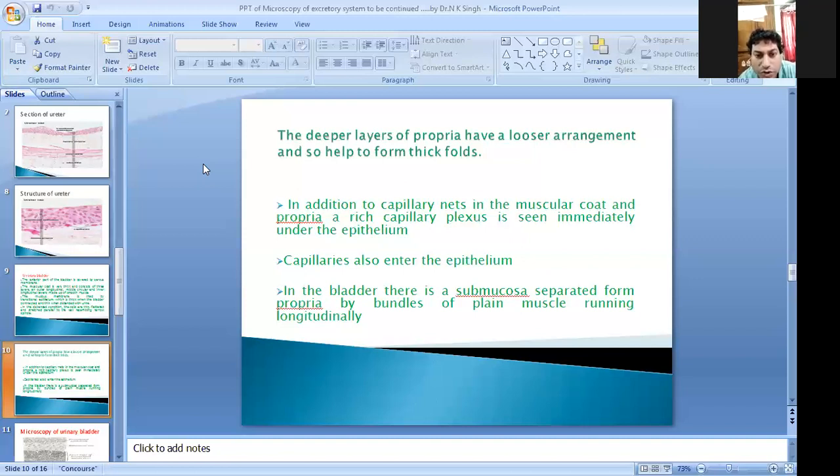In many cases, we will see that the lamina propria and tunica submucosa are fused with each other. But in the case of the bladder, they are not fused, but clearly separated from each other by bundles of plain muscles, which are running longitudinally.